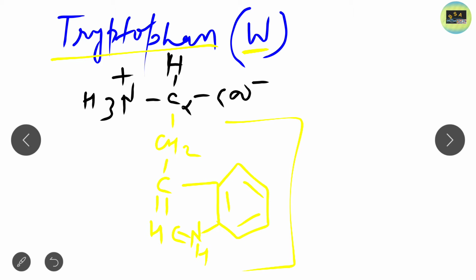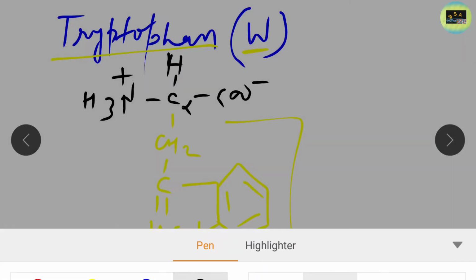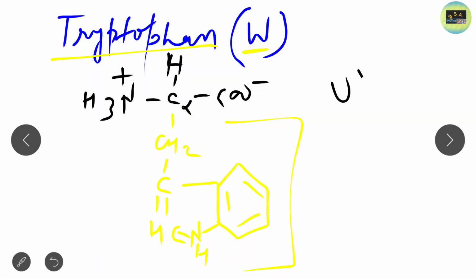And what is the main point of tryptophan? It can also absorb UV light. Why? Due to aromaticity, due to the pi electron delocalization characteristic of these amino acids.